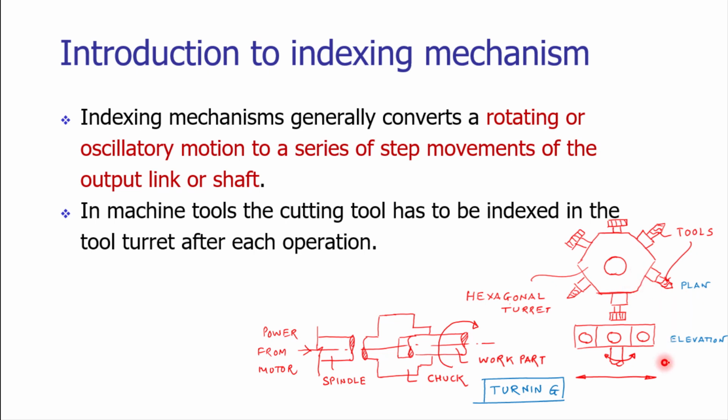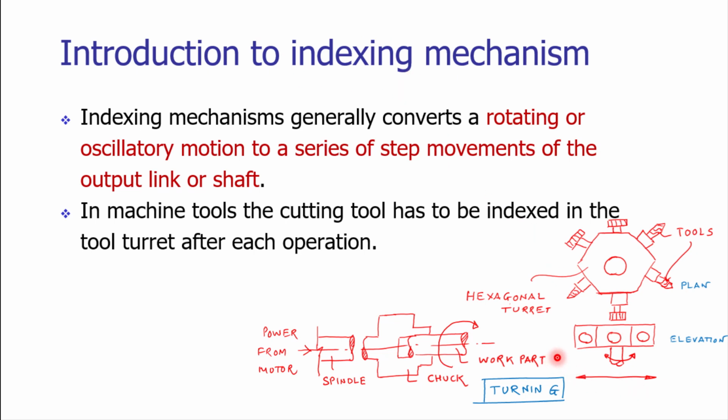This is a plan view, and this is the elevation. We are rotating the hexagonal turret about this vertical axis, but this rotation is not continuous, it is incremental. And to have that incremental rotary motion of the turret, we need to have a certain indexing mechanism.